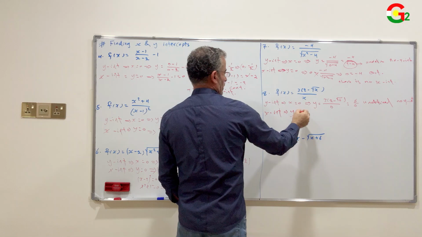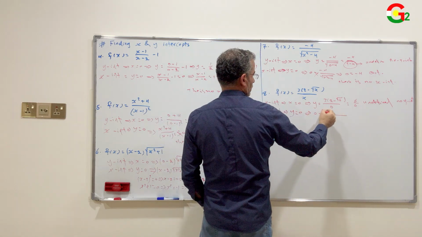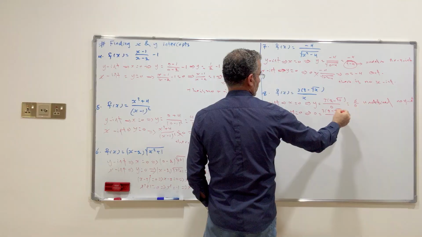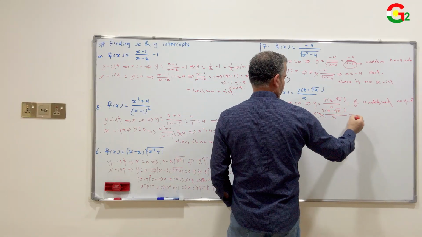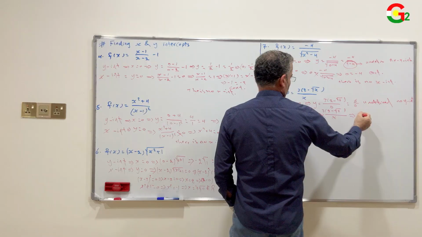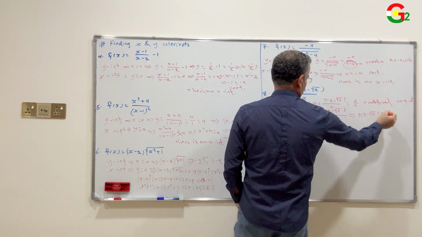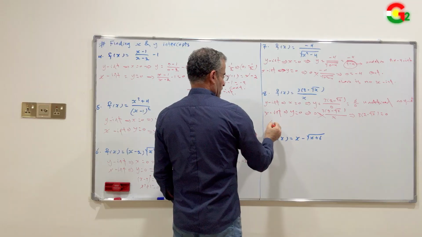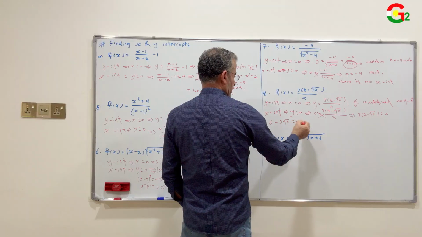For x-intercept, set y equals 0 and solve to find the value of x. 3 times (2 minus the square root of x) over x equals 0. Cross multiplication, then 3 times (2 minus the square root of x) equals 0. 6 minus 3 square root of x equals 0.